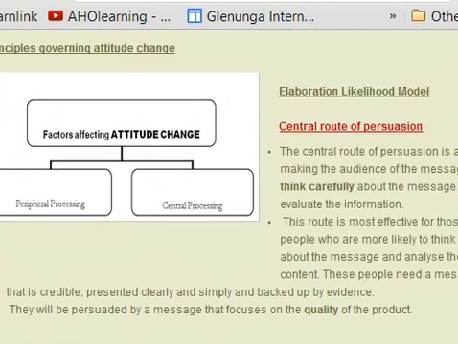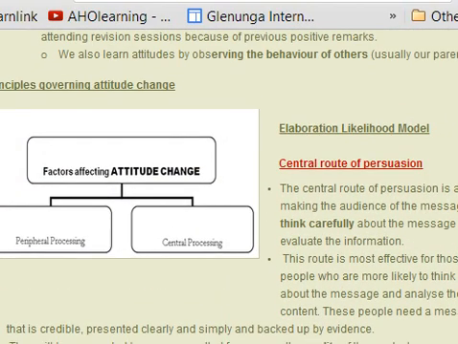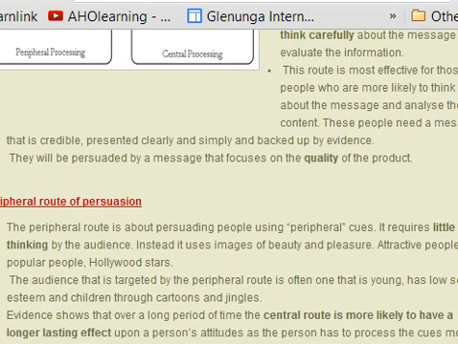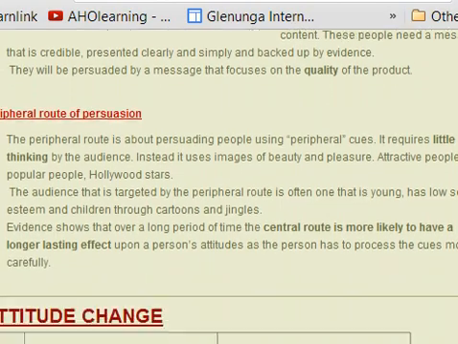So if we are going to discuss based on the components, based on the ABC model, I want you to remember the behavior, the B part, is we are going to buy the product that is sold to us through advertisement, but the central processing is addressing the cognitive component, whereas the peripheral processing is addressing the affective component, and then the others will be persuaded.